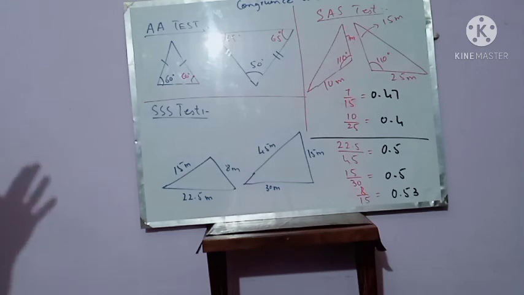SAS means if the two ratios of corresponding sides are the same and one pair of included angles is the same, then the triangles are similar triangles. But here the included angle is the same, but the two ratios of corresponding sides are not the same. So this is also not a pair of similar triangles.